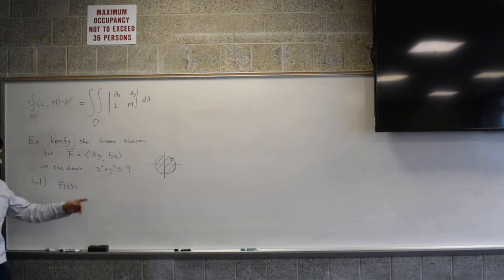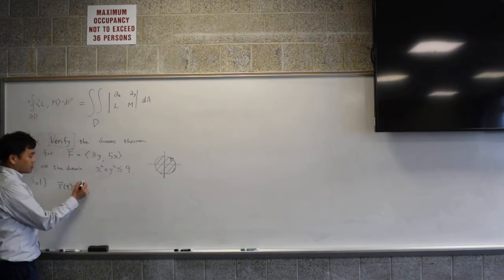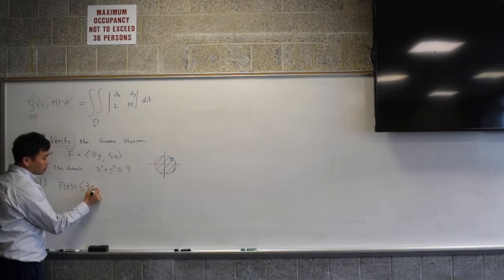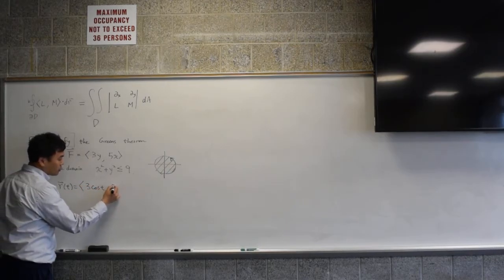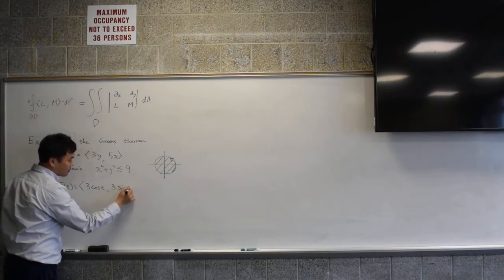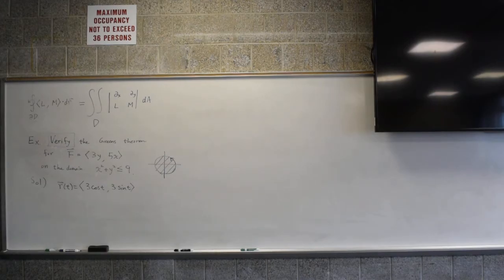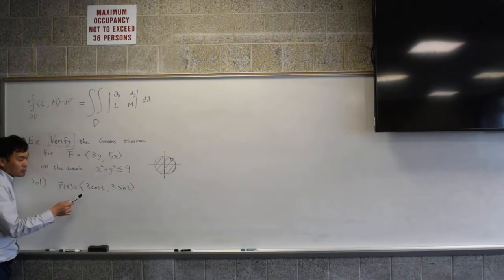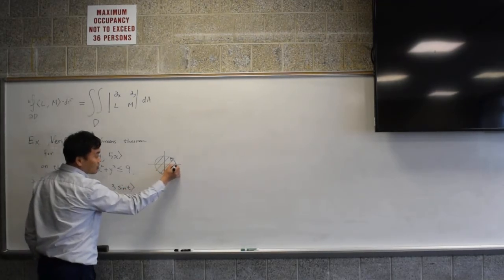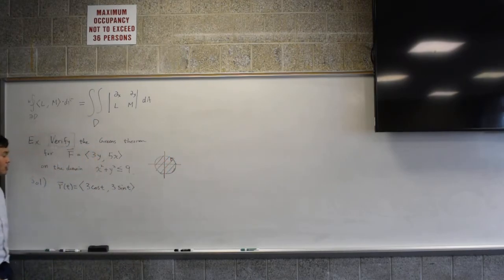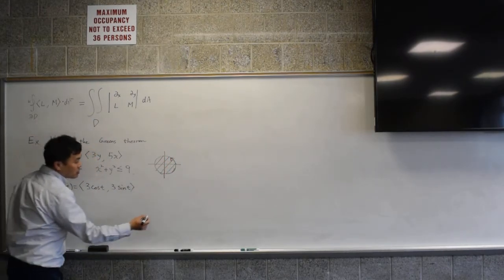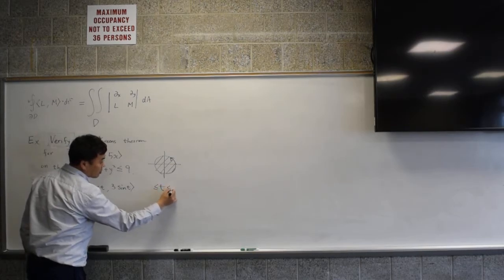Okay, now how is this one parameterized? 3 cosine t, 3 sine t, because it's just 3 times the unit circle. The unit circle has radius 1, you just multiply by 3. The only thing you have to be careful about is that it's counterclockwise. It starts from here and goes like that, right? Okay, and then what will be the t value to make it go around the full circle?